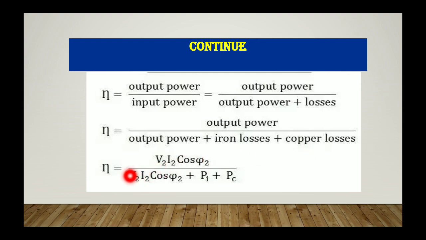That is, efficiency equals output power, meaning V2 I2 cos phi 2, where V2 is the secondary voltage, I2 is the secondary current, and cos phi 2 is the secondary winding power factor. So V2 I2 cos phi 2 is the output power. Output power plus Pi, that is the iron losses, and Pcu, the full load copper loss. So it is the expression of the efficiency of a transformer.